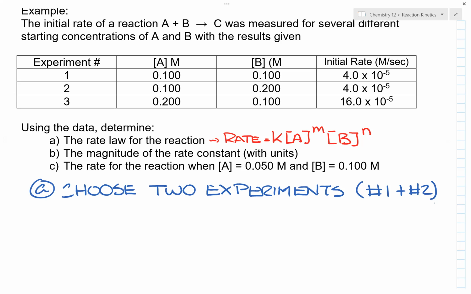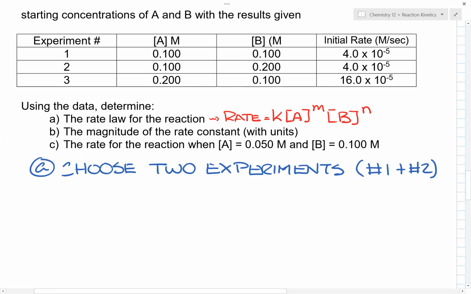All right, but notice I would not want to choose experiment 2 and 3 to compare, because not only does the B concentration change, but the A concentration changes as well.